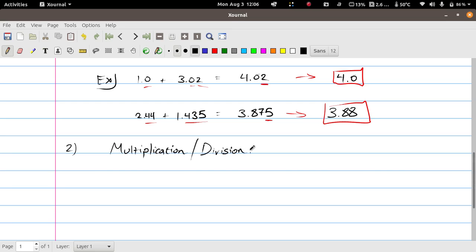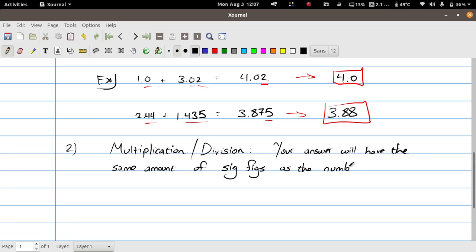Your answer will have the same amount of significant figures as the number with the fewest amount of significant figures. Sorry, it's hard for me to talk and write at the same time.